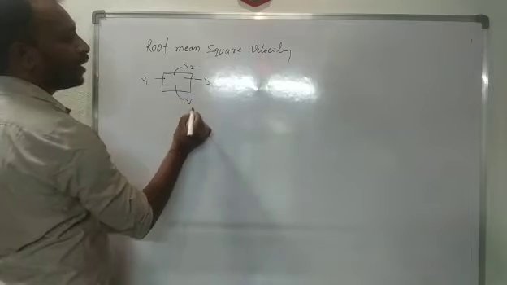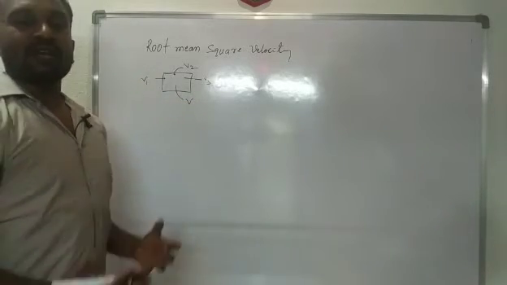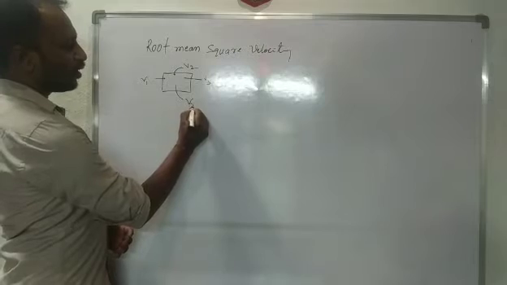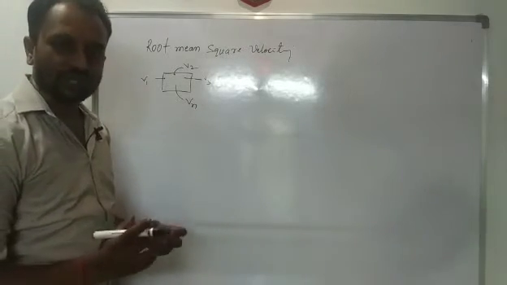We consider that n number of molecules are there, so the velocities of n molecules go up to vn.